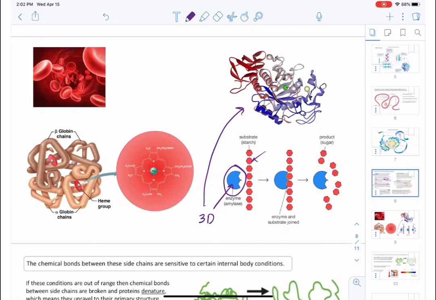So you have strings of amino acids, and you can see some of these alpha helices there and beta pleated sheets. But also what's going on is it's folding back on itself in all these different locations. And it's folding back because of those side chain interactions. And it's not until it gets to this 3-dimensional shape that this enzyme becomes functional.